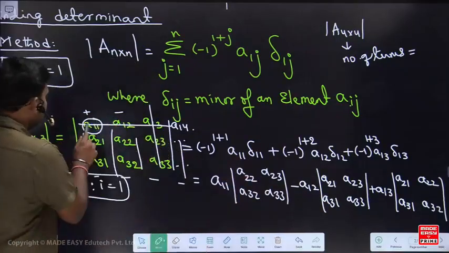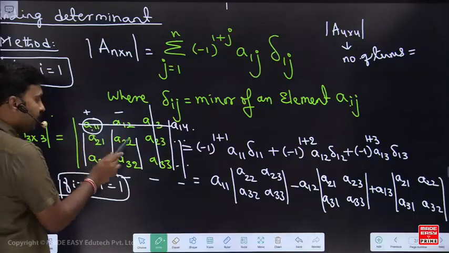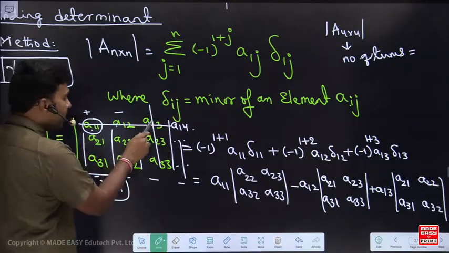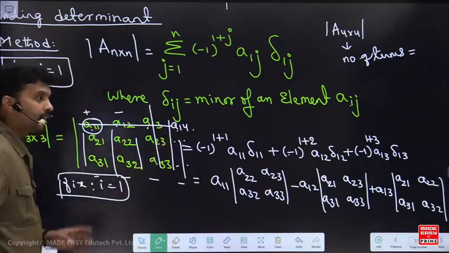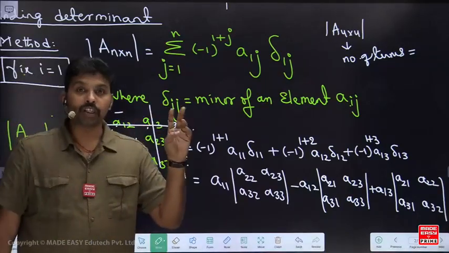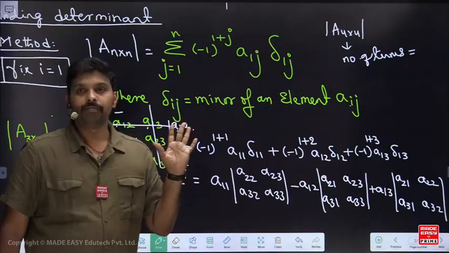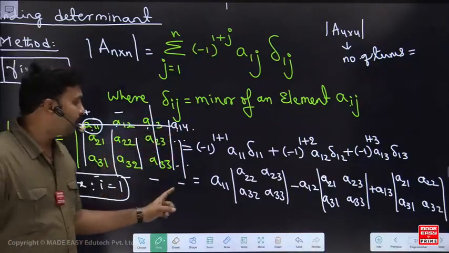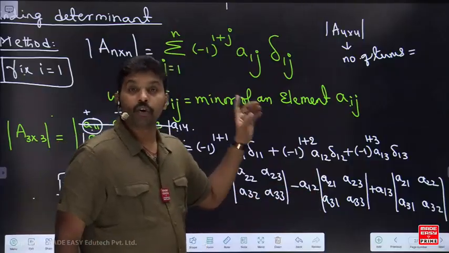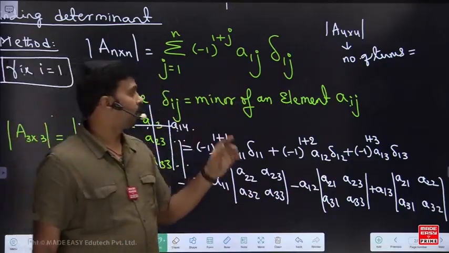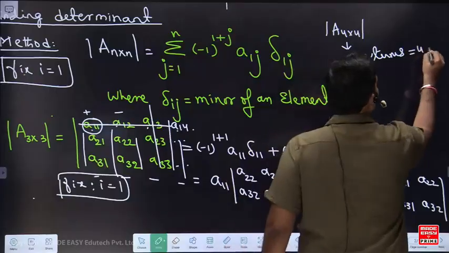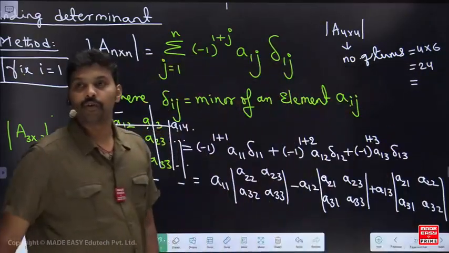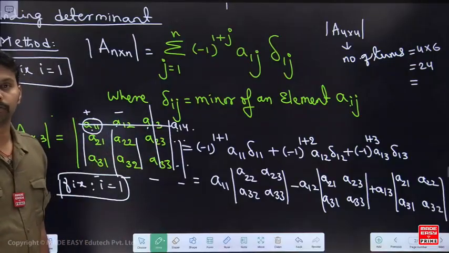Each of the 4 elements has a 3 by 3 minor, so there are 4 3 by 3 minors. So for one 3 by 3 minor it is 6, so for 4 3 by 3 minors it is simply 4 into 6, that is 24.